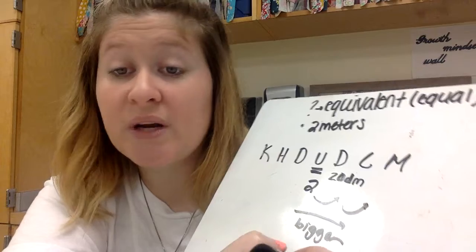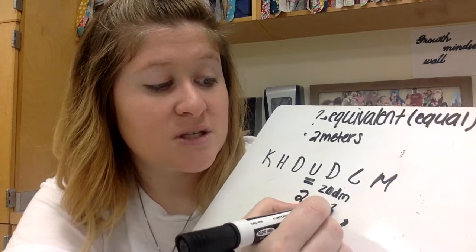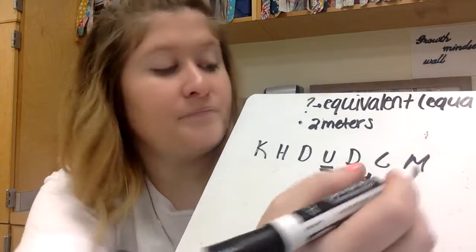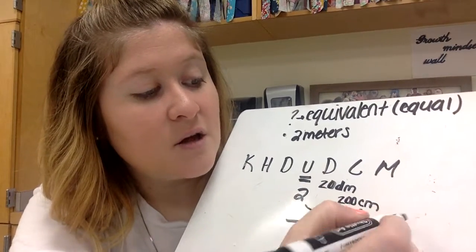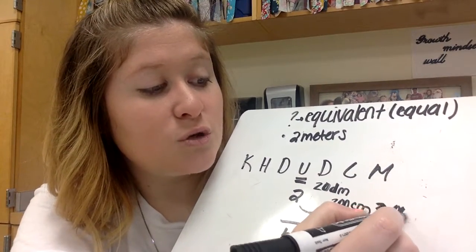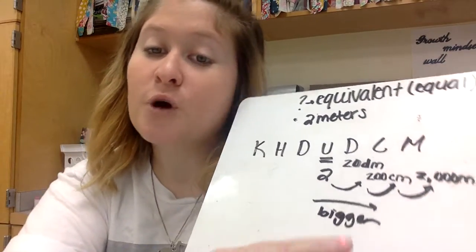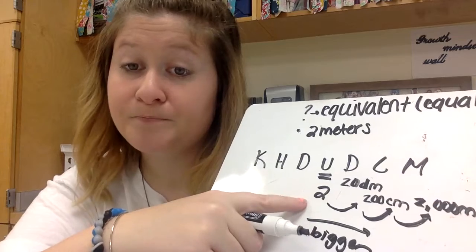Another jump would be 20 times 10. So this turns into 200 centimeters. Okay. If I jumped again, this would turn into 2,000 millimeters. So all of those are equivalent to 2.